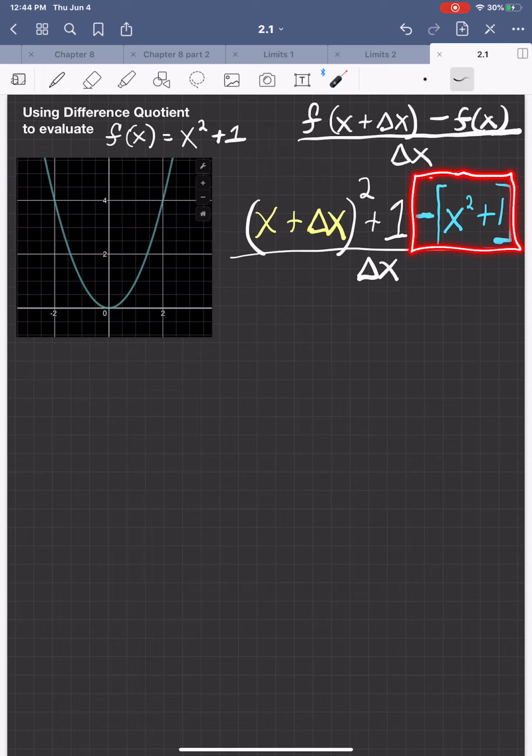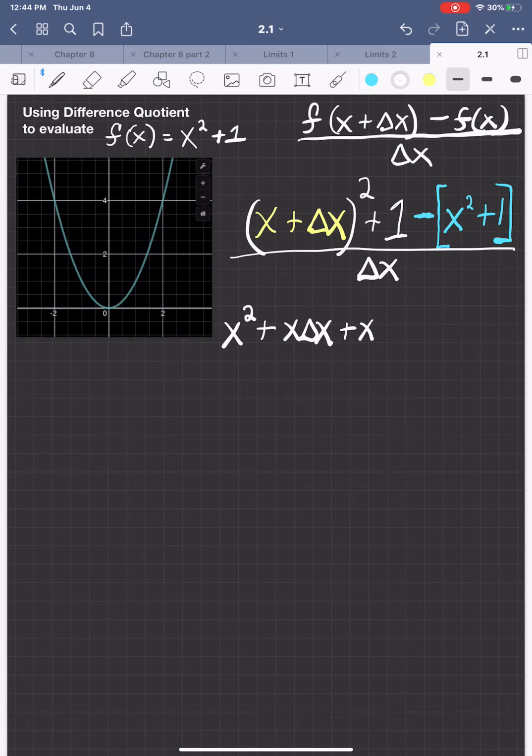So FOILing that out, that would be x squared plus, well, x times delta x would be x delta x plus another x delta x. And finally, I would have to multiply delta x times delta x, which is delta x squared. I'm going to go ahead and move this down a little bit so I can give myself some more space.